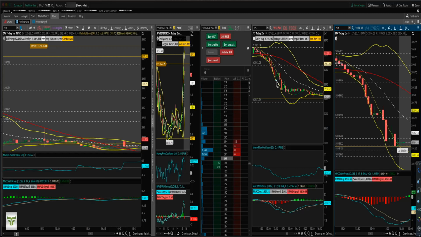It compresses, it expands, right? And when it expands, depending on where the 20 is and the 200, if it opens up to the downside, it opens up to the upside, the position, whatever you're taking, is going to explode either to the upside or to the downside, right? Thus is the volatility band.